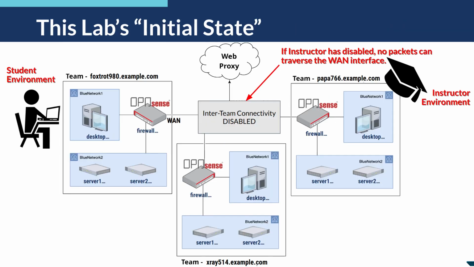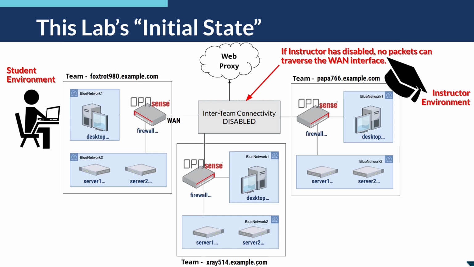Now, when you first start off, the teacher may have inter-team connectivity enabled or disabled. Inter-team connectivity is basically the ability to connect all of your environments together, so you can see each other, scan each other, hack each other, defend, red team, blue team, whatever the teacher has assigned. But until that happens, all the teams are basically disconnected.